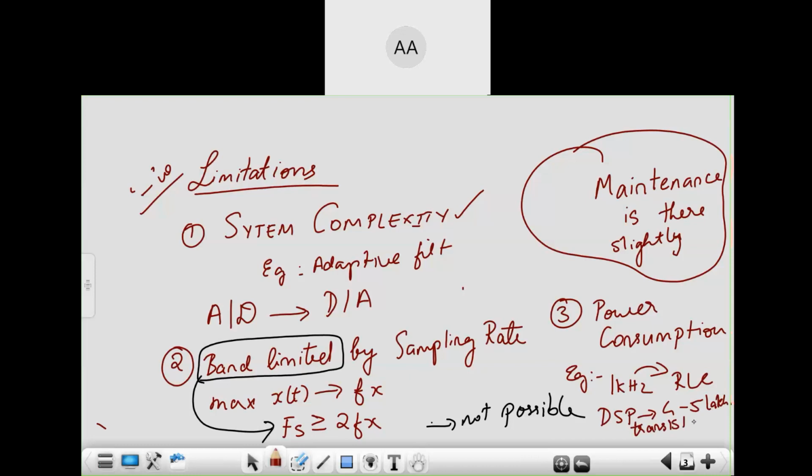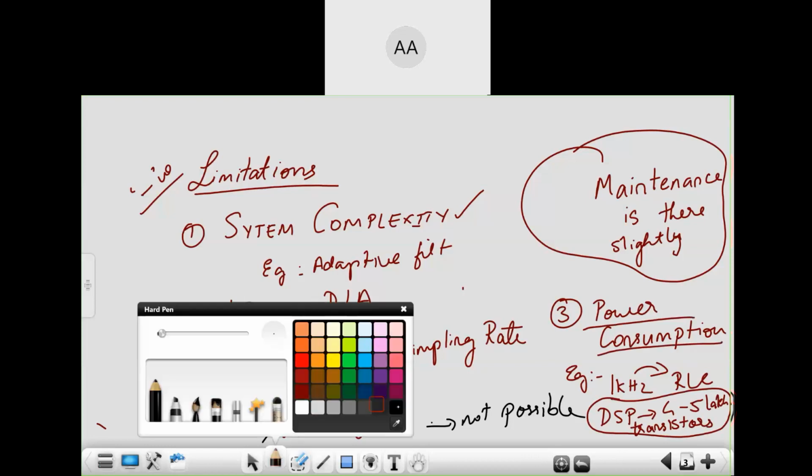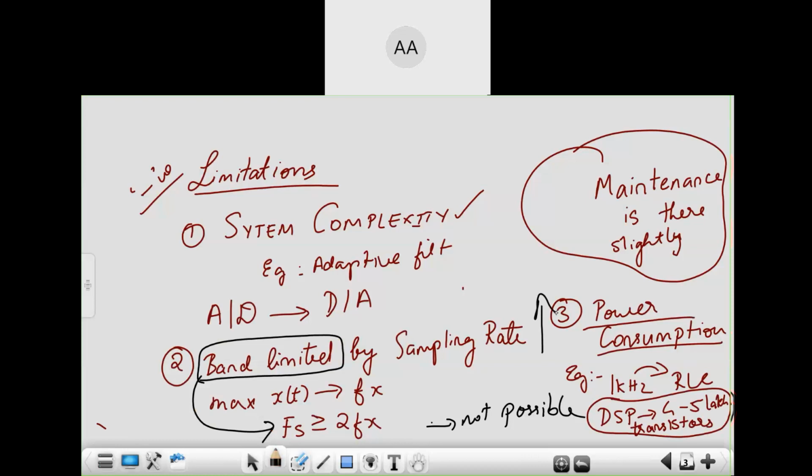Because of the advancement in VLSI technology, when the entire processor is involved with so many transistors, definitely the power consumption will be very high. So this is definitely a disadvantage.